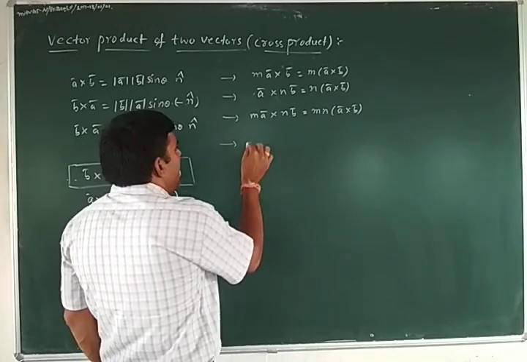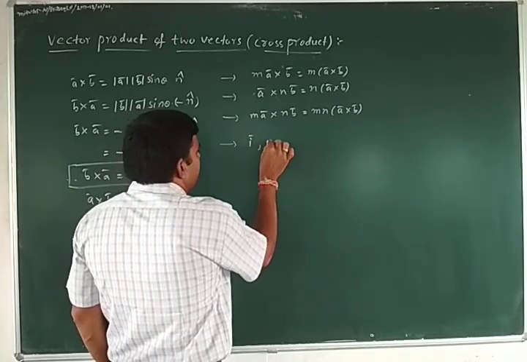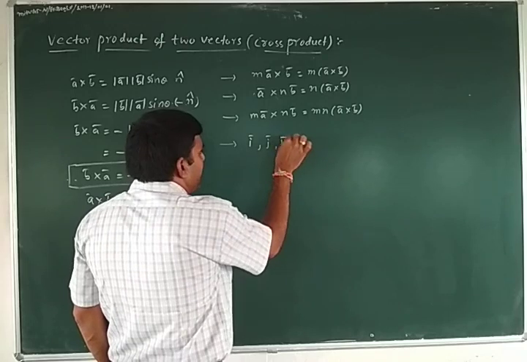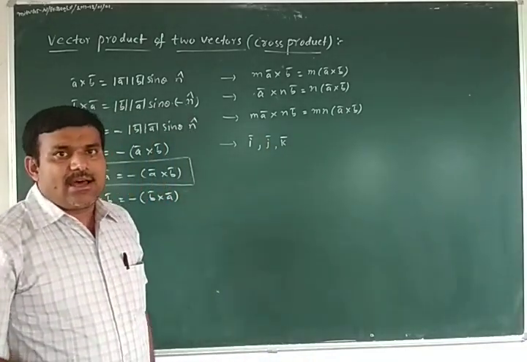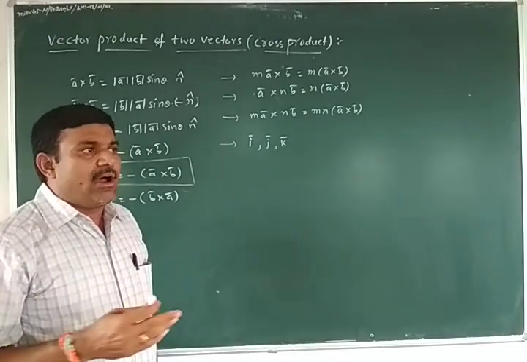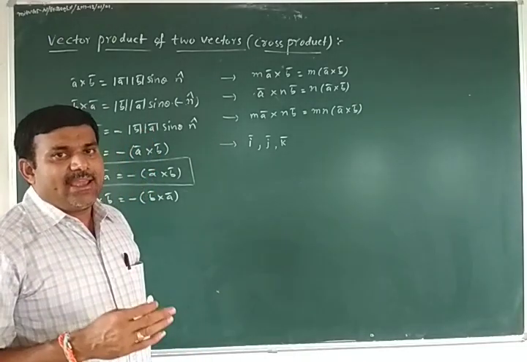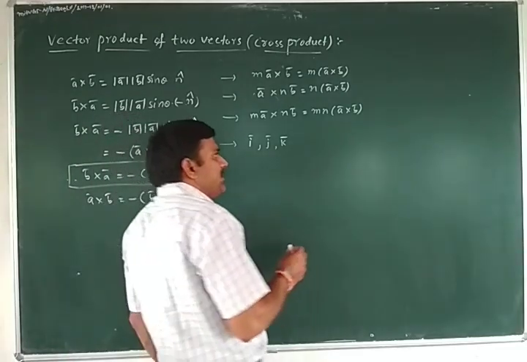Now suppose i bar, j bar, k bar are unit vectors along the x, y and z axis respectively.